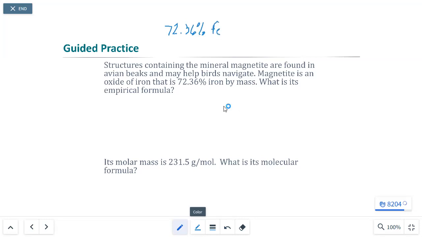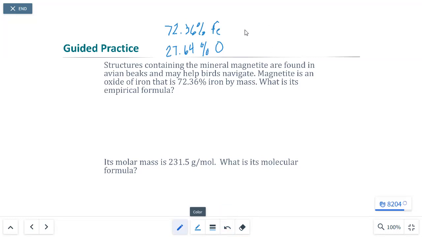Now, since this is an iron oxide, we know that the other component of this has to be oxygen, as has been the case for our other two examples thus far. And so if it's 72.36% iron, then the remainder, so 100 minus 72.36, would be 27.64% oxygen.